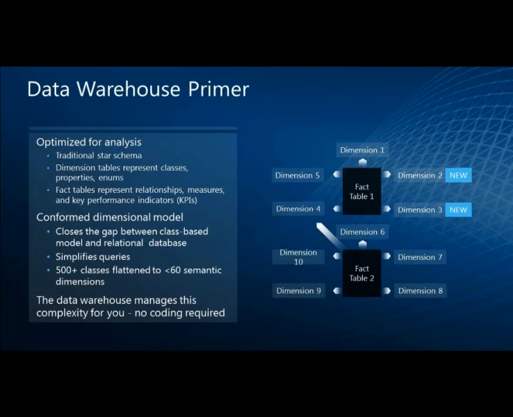This is a conformed dimensional model that helps close the gap between a class-based model and a traditional relational database. It makes queries easier and simpler, and in the case of System Center, helps us flatten over 500 different types of classes to about 60 different dimensions.